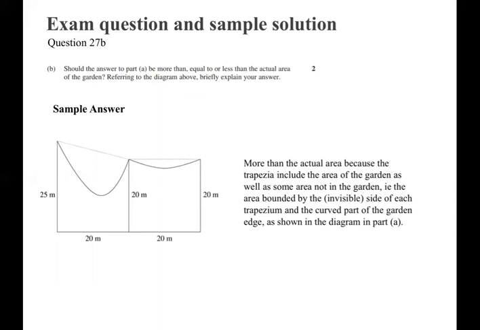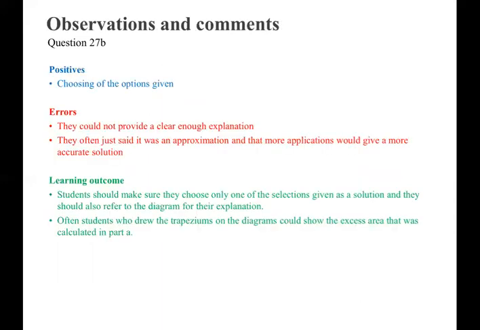So our kids were quite good that they did choose one of the three options. However, they really had a lot of trouble doing a clear enough explanation. One of the most common answers we got was that it was an approximation, that more applications would give a more accurate answer, which is all correct, but not in regards to what our explanation was.